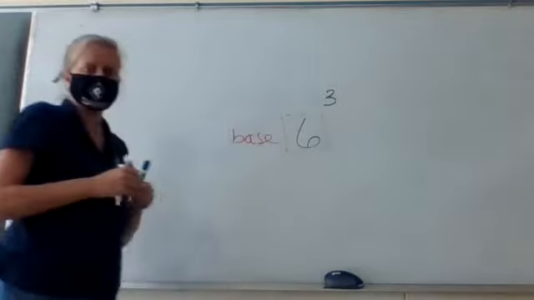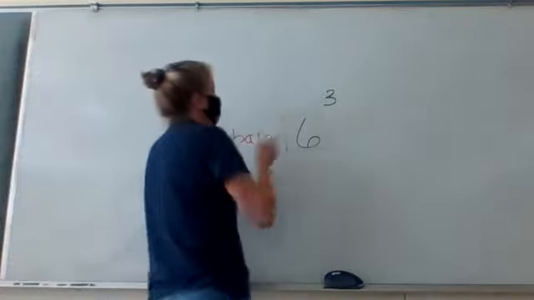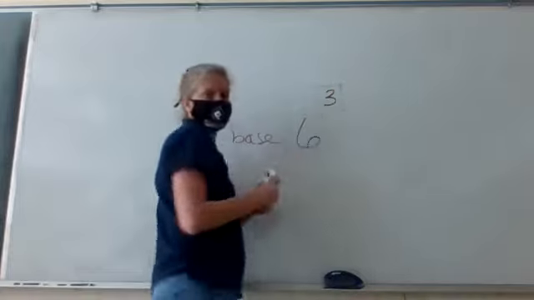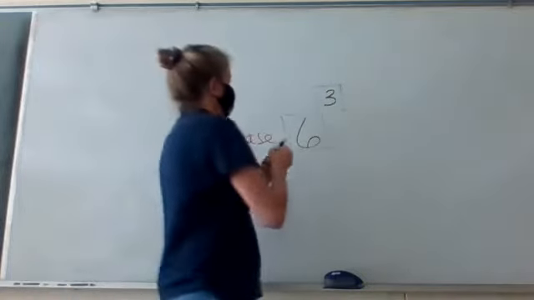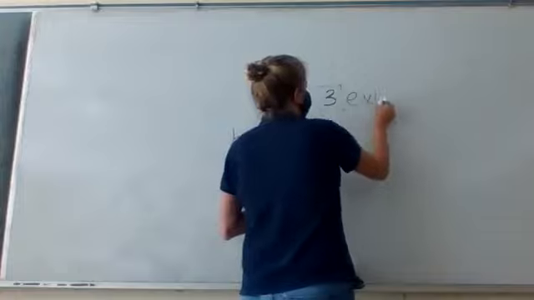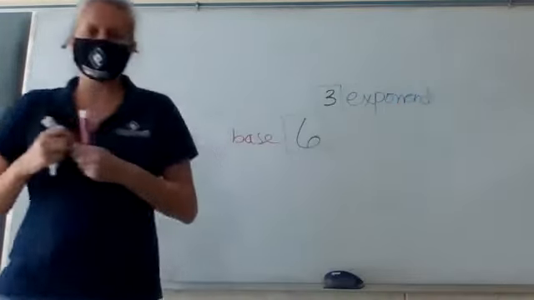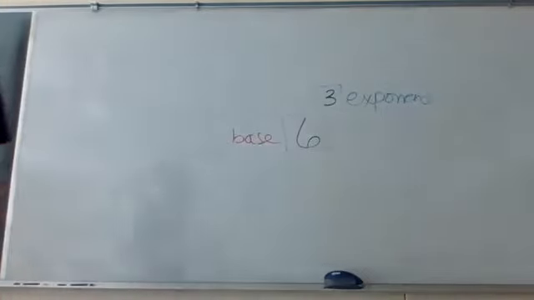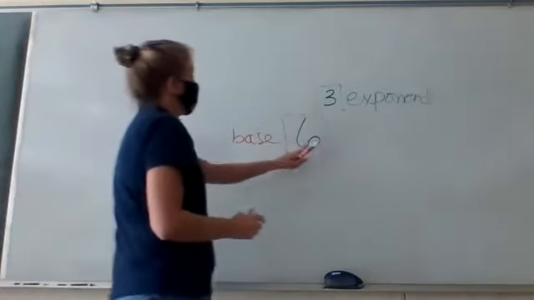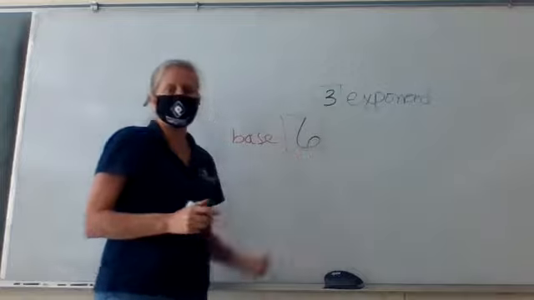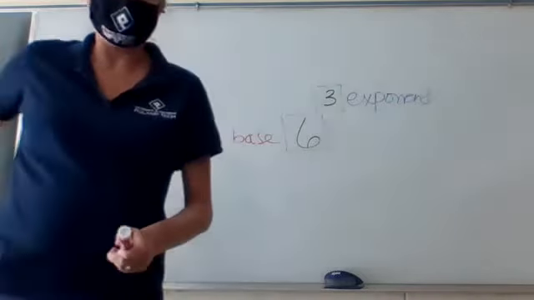That is your base number. This little number up here is called your exponent. What the exponent tells you is how many times you need to multiply the base number together.